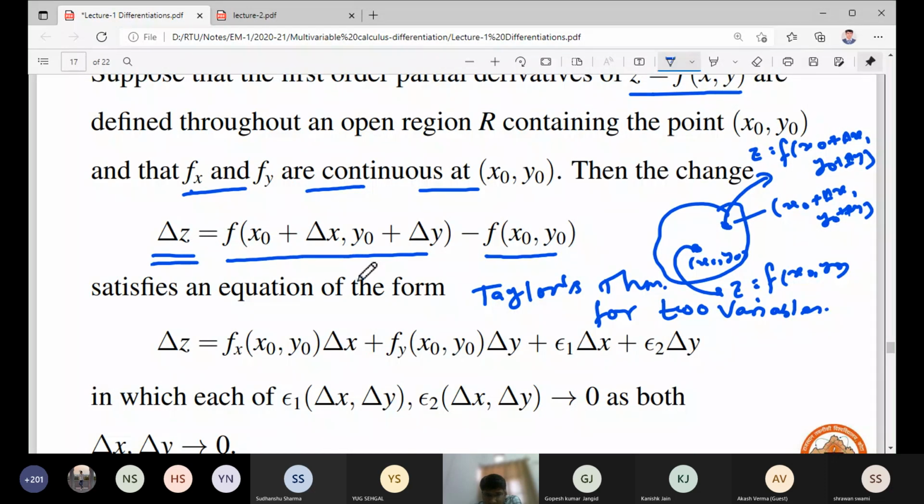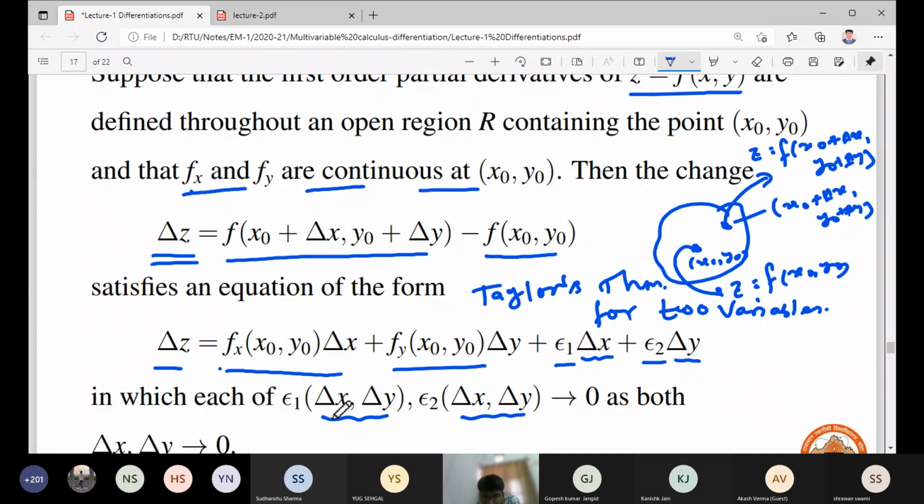So after applying Taylor's theorem and simplification, we get delta z equals this equation, where epsilon 1 and epsilon 2 are functions of delta x and delta y.